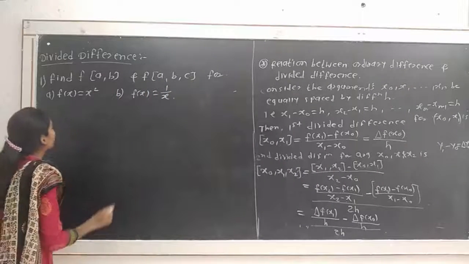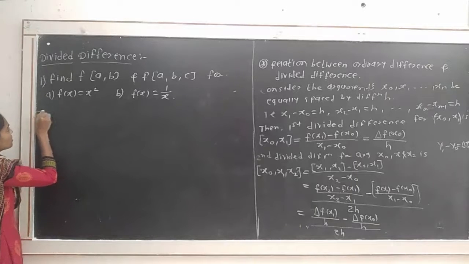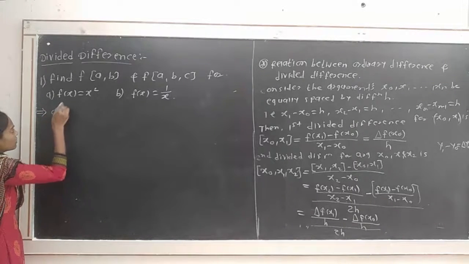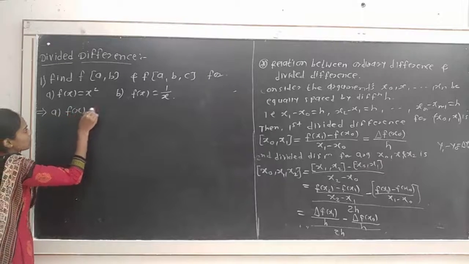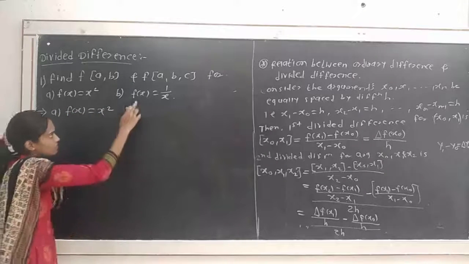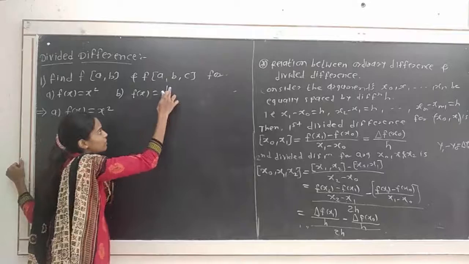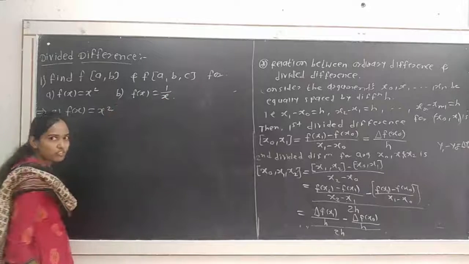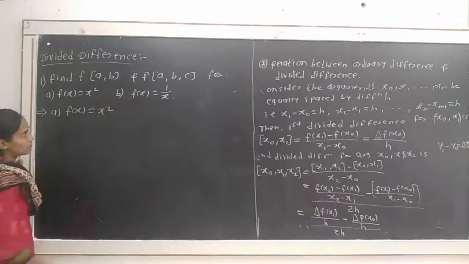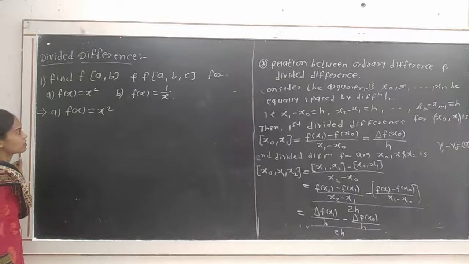The first function is f of x equal to x square, and the second function is 1 by x cube. For these two functions we have to find the first and second divided differences.